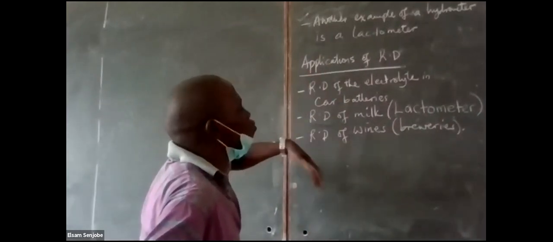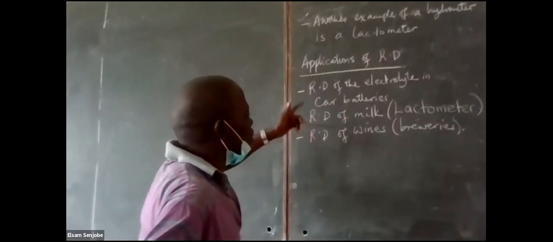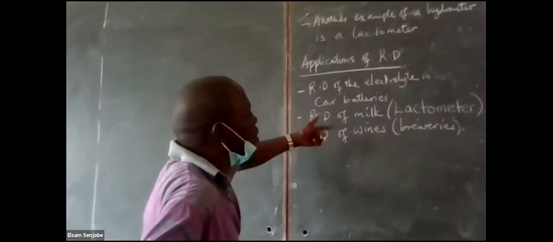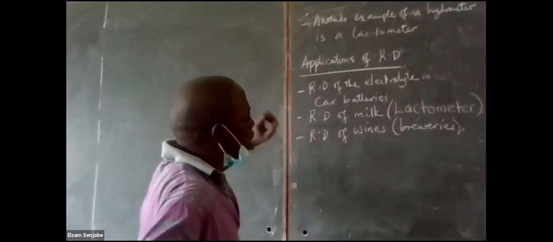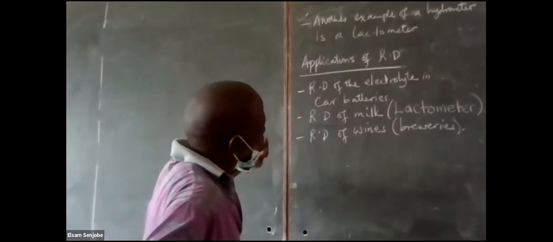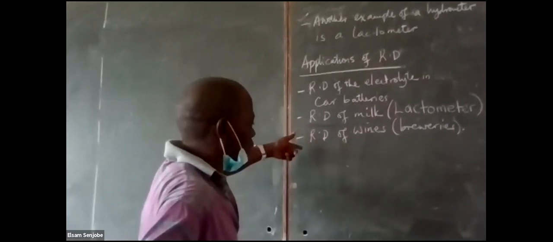What you really need to know, the purpose for which you are going to use that milk or to produce a certain product of milk, is by determining the relative density of that milk. That's where the lactometer comes into play, to determine the different relative densities of milk so that milk can be used for that particular product.